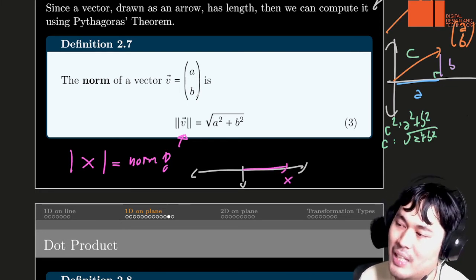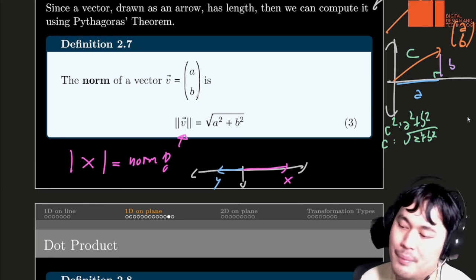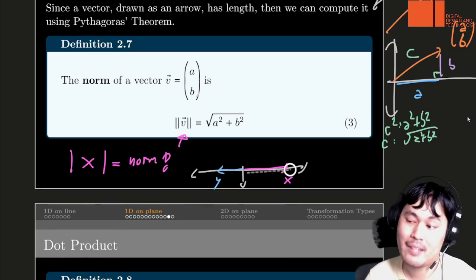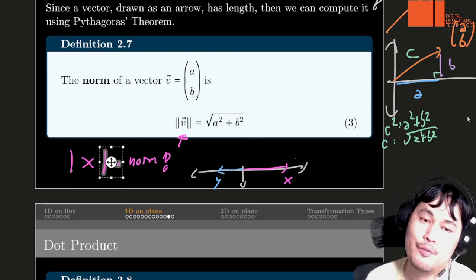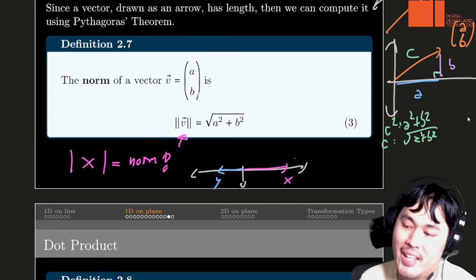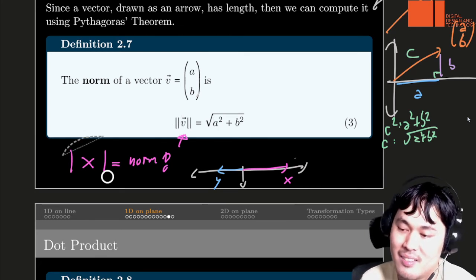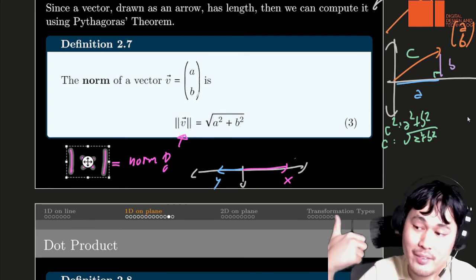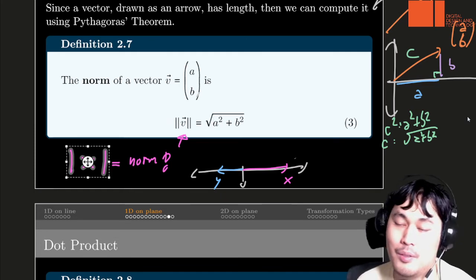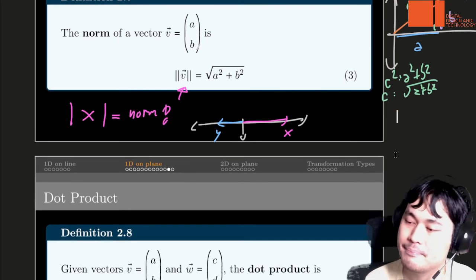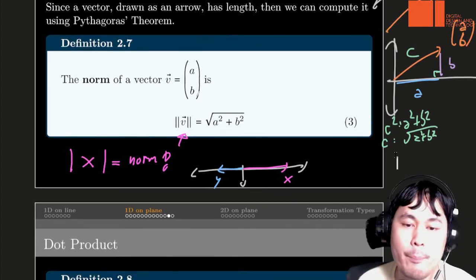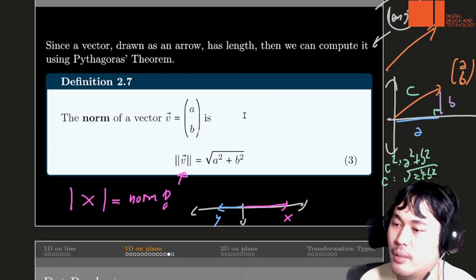You don't care whether it points to the left or to the right. If you want to find the length, then that length can be computed using the absolute value. So yeah, in a sense, this norm notation, first, resembles the absolute value, and second, does have the same meaning, which is the length. Okay, so that's how you compute a norm.